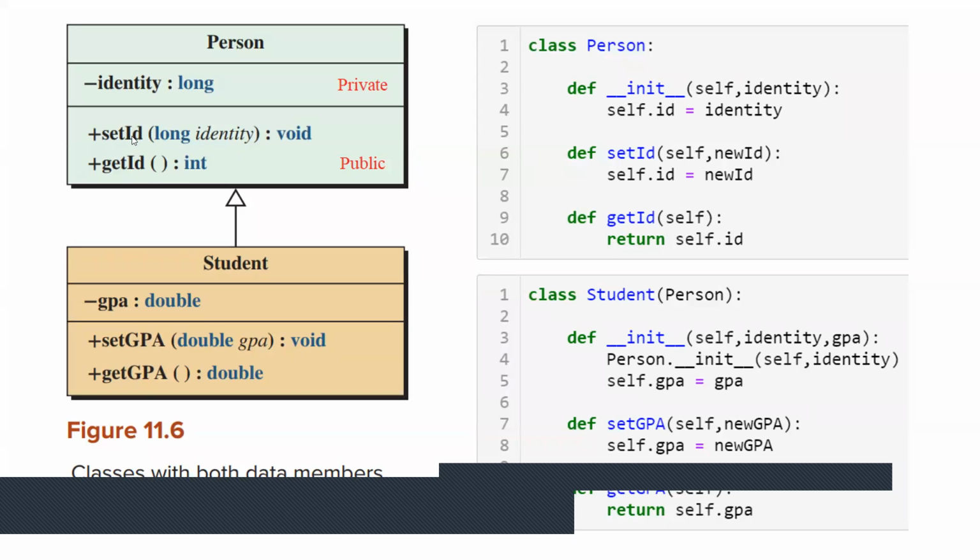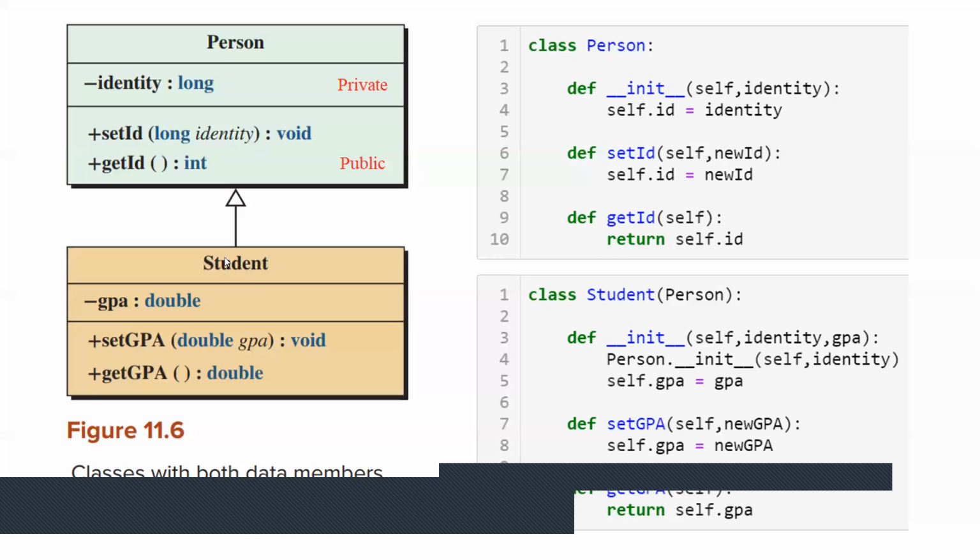Set identification and get identification. So we can get the identification of the person through this get function, and if we want to change it, we can set the identification as well.